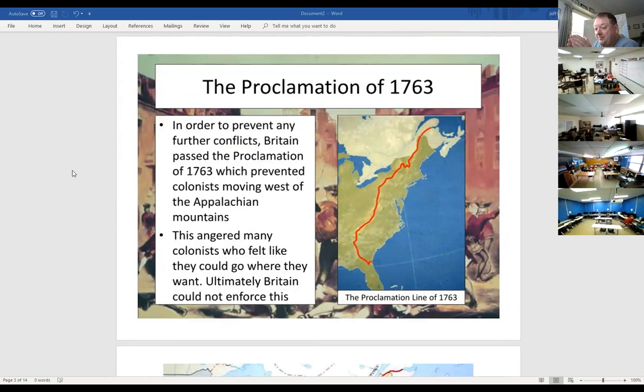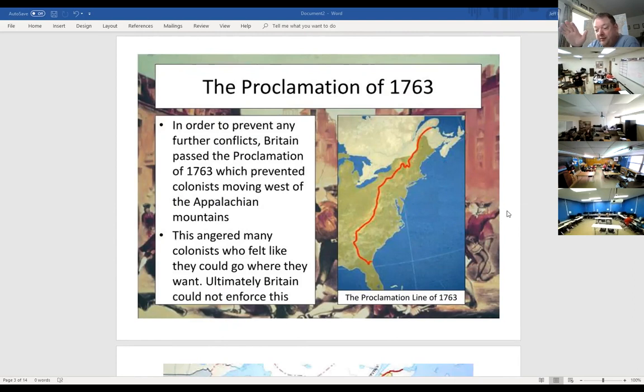Help the colonists stay focused on producing that tobacco and other crops that they produced, and taxing them for those things, and getting lumber and other raw materials from the New World. That was their intention, even though there were some selfish motives for the English.